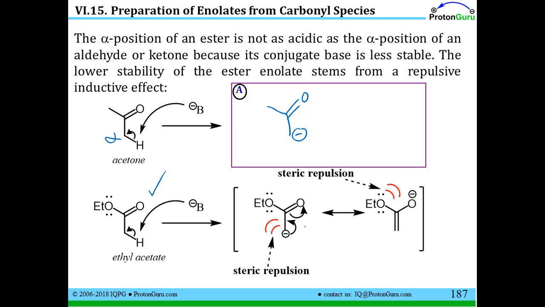Both of them have the potential for resonance stabilization. I've already drawn it out with a computer program below. I'll draw it in here for the ketone. They both have two resonance contributors to help stabilize that negative charge by resonance delocalization. The thing is that you have these lone pairs on the O's in esters.